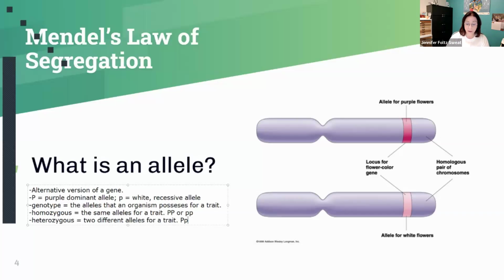Big P, little p. So remember when I'm saying big P, little p, these are all genotypes, right? The actual alleles that an individual organism possesses.